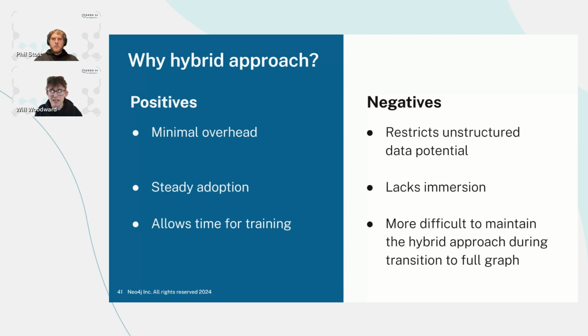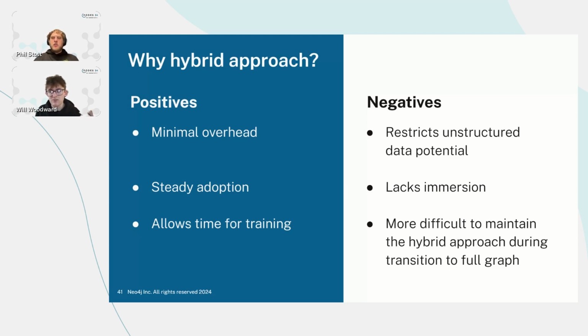I think there are a couple of negatives though that should definitely be considered before doing this. It restricts unstructured data potential. What I mean by that is stuff like time series data, things that are really, really hard to store in a normal tabular graph. These sorts of data points just get lost. So you lack the immersion that you would get if you fully adopted the graph database.